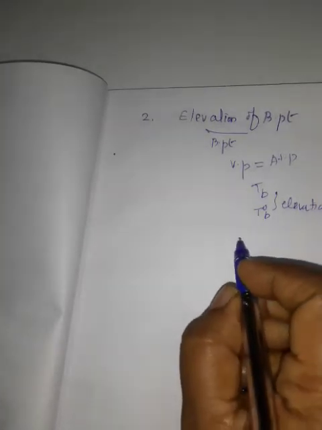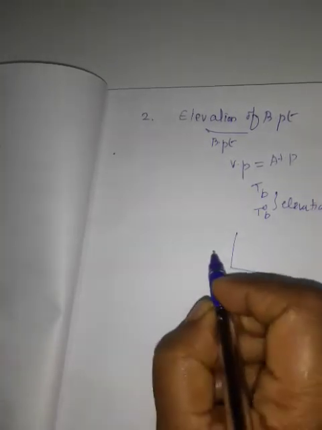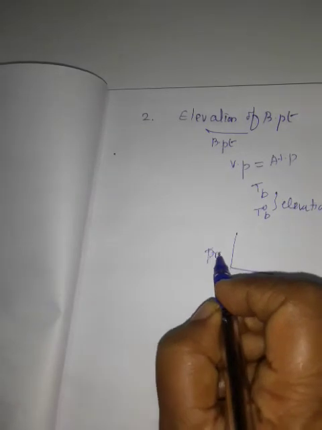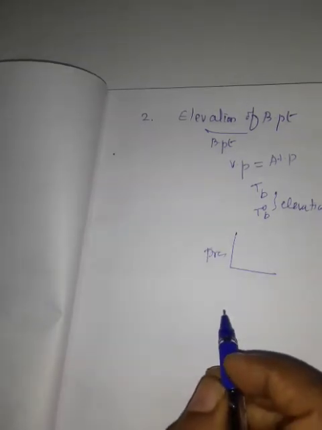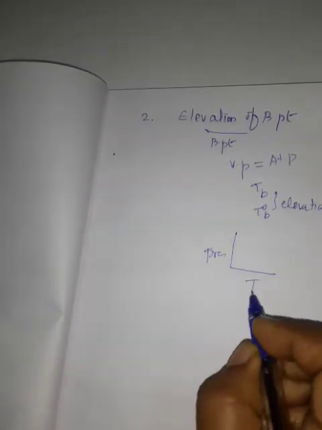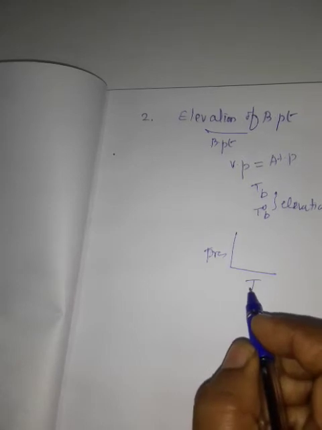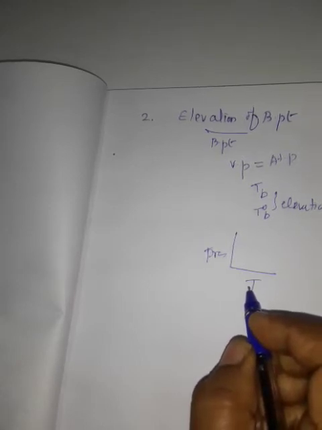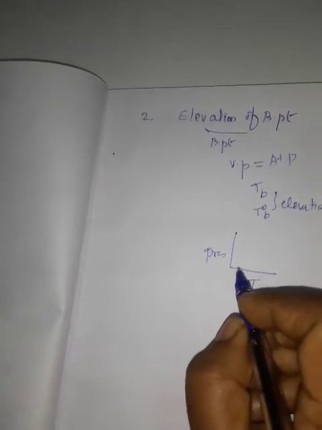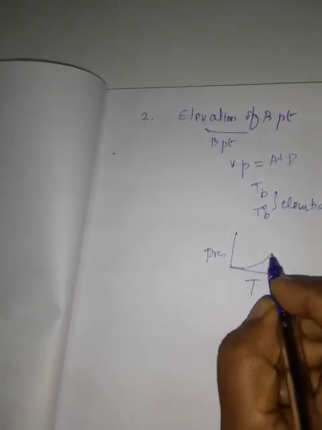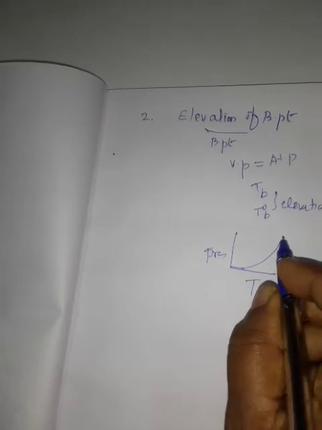Now if you see the graph in your book, a plot of vapor pressure versus temperature for water and an aqueous solution is given. The vapor pressure increases with increase in temperature.